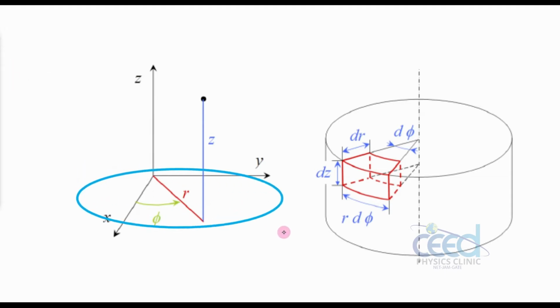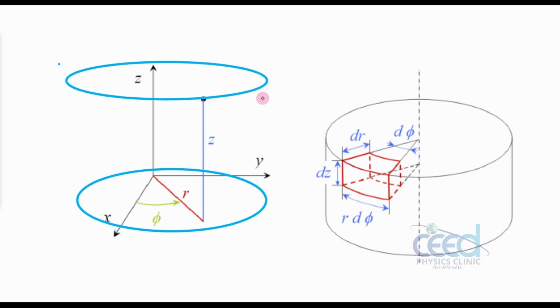So if I consider a cylinder of radius like this, to locate this point I need this z and this phi, and this is our r, which is parallel to this, so this is also r. That we have seen in the last class.